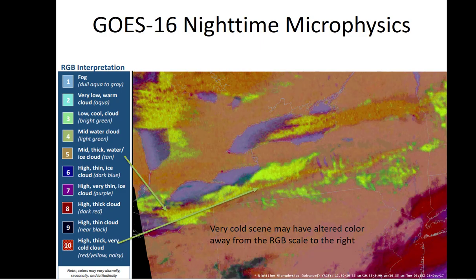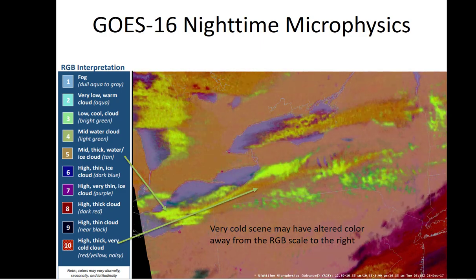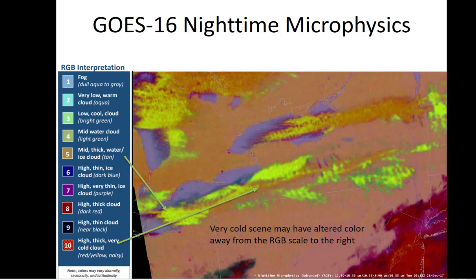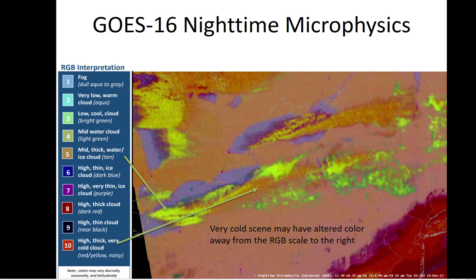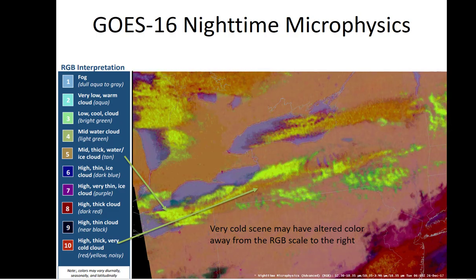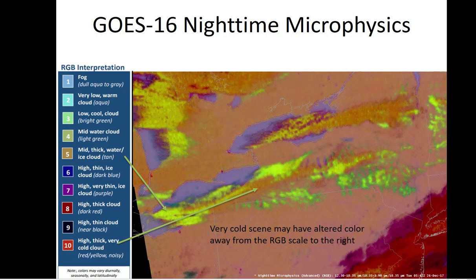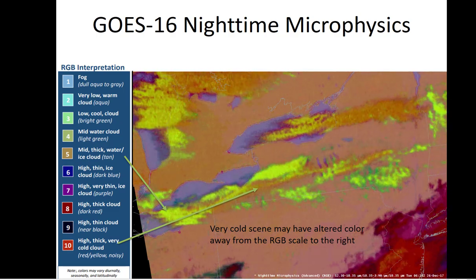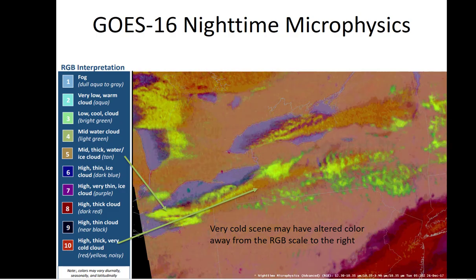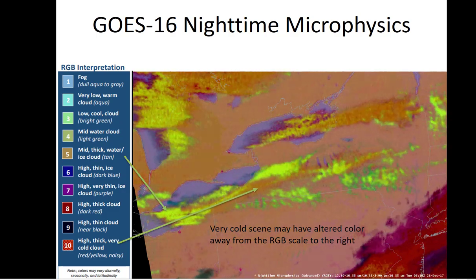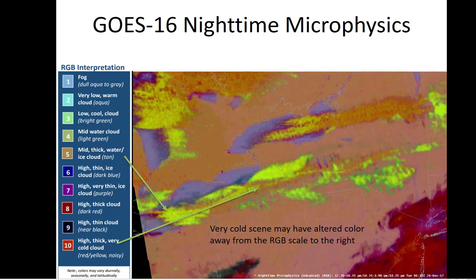What we see is in number 10, the high, thick, very cold clouds are kind of yellow-green and noisy. This is actually the end phase or the end result of the lake effect after the clouds have moved inland from the lakes, and they're somewhat glaciated with not much in the way of snowfall underneath, at least for the most part.